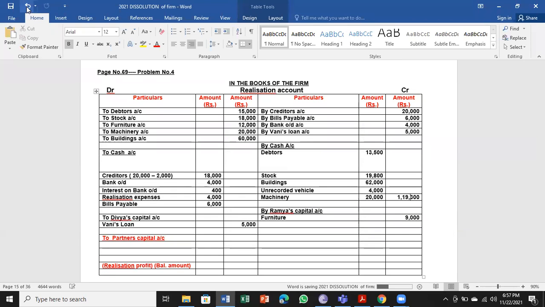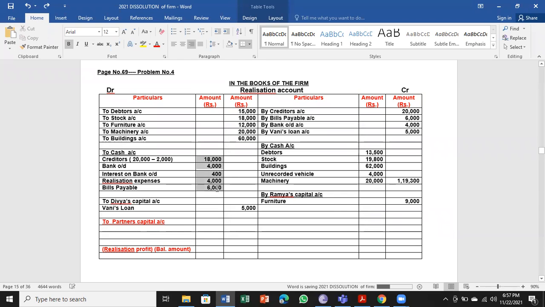Next, all liabilities and expense paid, we have to total it. How much has been paid? So 32,400. Next, we have to go for balancing. When you look at that, the credit side looks more. So let us total the credit side first.